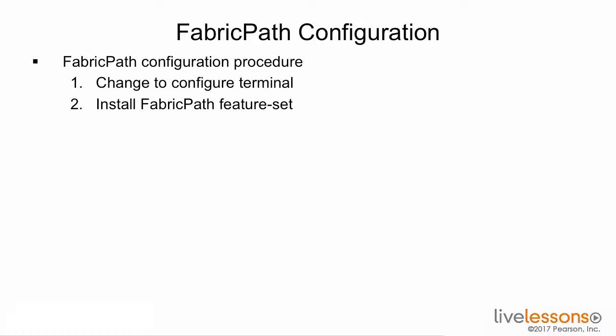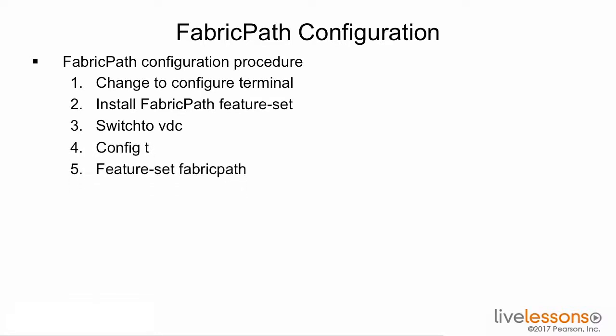There is certain functionality in the Nexus 7000 that is installed as a feature set, and this is one of them. We also have to have this feature set installed in the admin VDC in order to use it in other VDCs. Once we do that, we can actually switch to the VDC in question, go into configuration mode, and install the feature set FabricPath in that particular VDC.